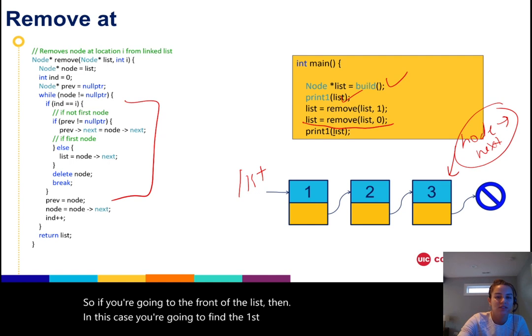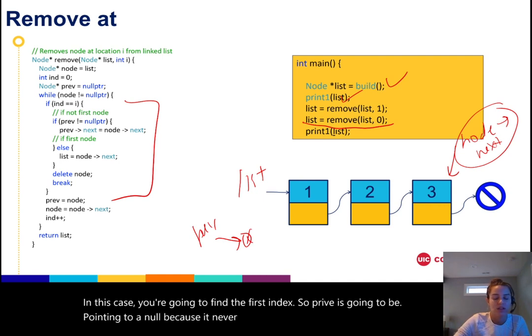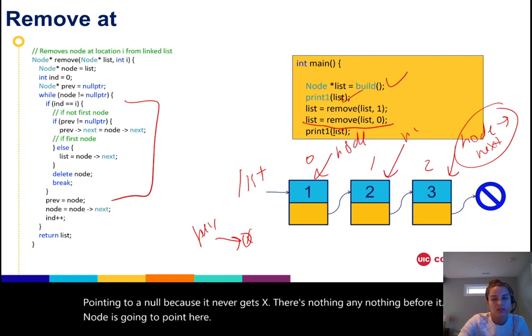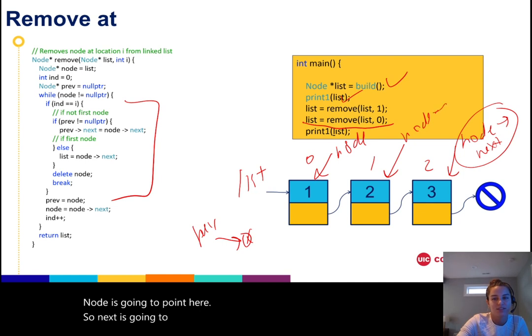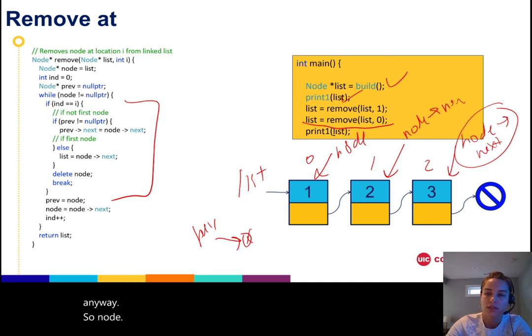So prev is going to be pointing to a null because it never gets set because there's nothing before it. Node is going to point here. So node next is going to point here. Which is totally unnecessary to draw, but I'm going to anyway. So node next.